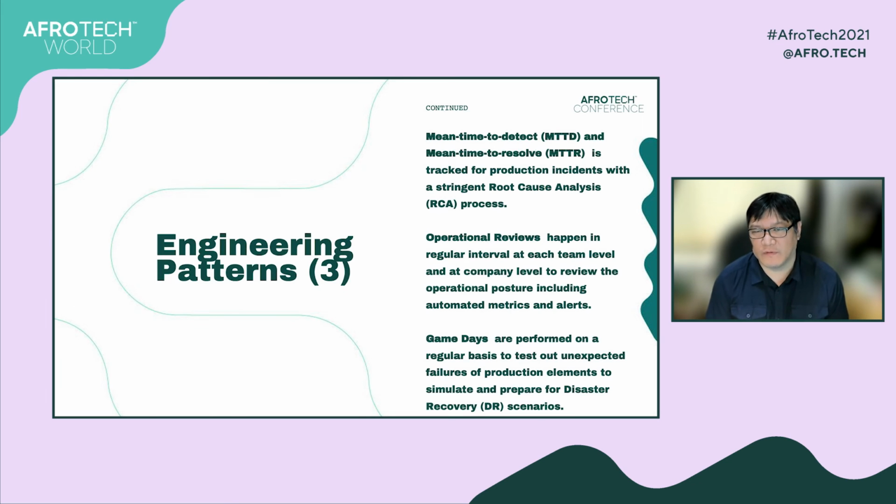And whenever there is a production incident, we make sure to do root cause analysis, which turns into action items that have to be performed within a certain amount of time. So that keeps our operational posture healthy, and each team performs operational reviews, and we also even have a company level operational review where we look at key metrics across the board to make sure that we are operating with high quality.